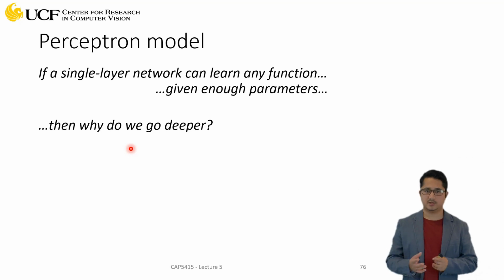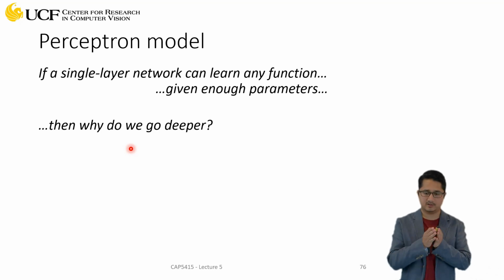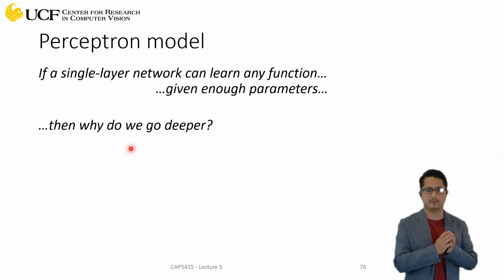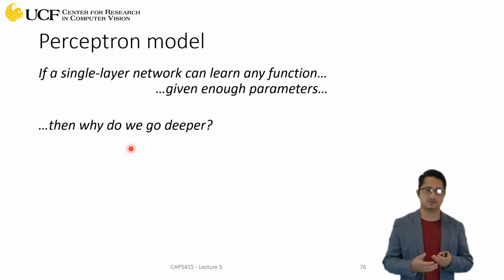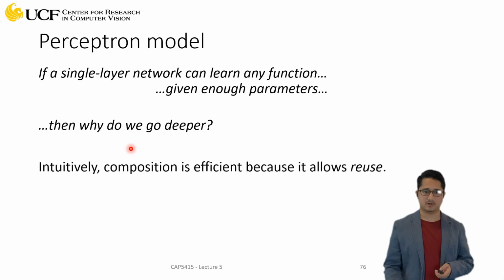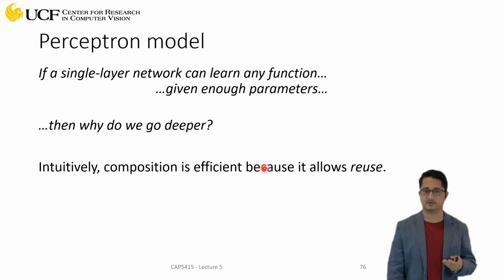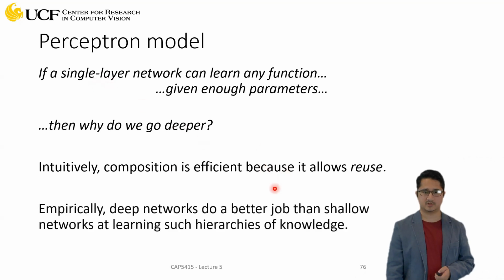For example, if a set of layers learns some functionality that is required multiple times when approximating a function, you can reuse that. So a deeper network allows you to use that compositionality and reduces the redundancy of a single layer network.